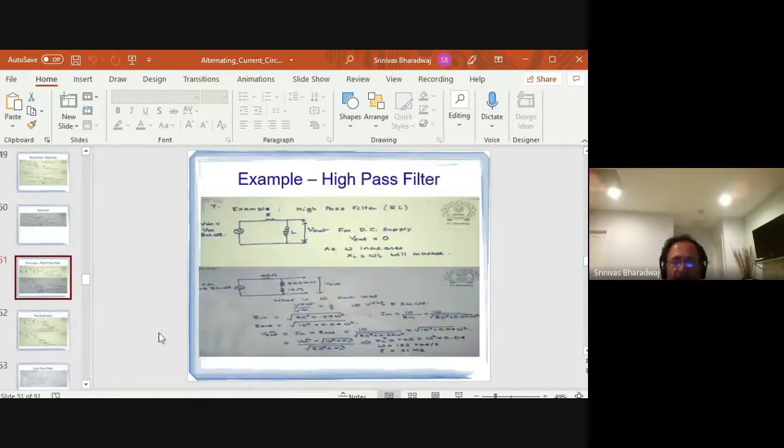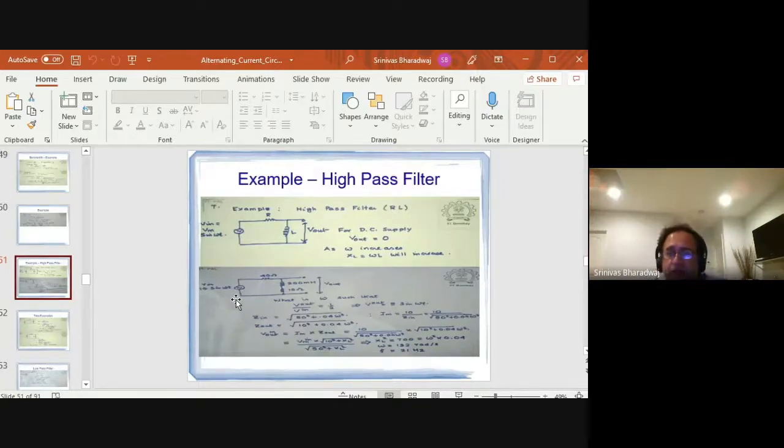Okay. So now let's look at this. Now an RL circuit, right? In a pure RL circuit, if you just have R and L, the voltage across the R will reflect that of a low pass filter. The voltage across the L, on the other hand, will reflect that of a high pass filter.